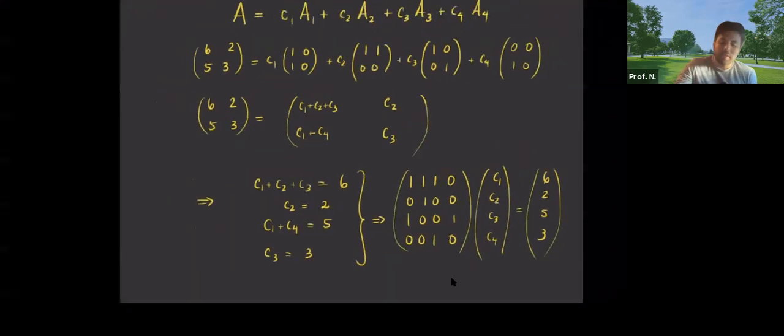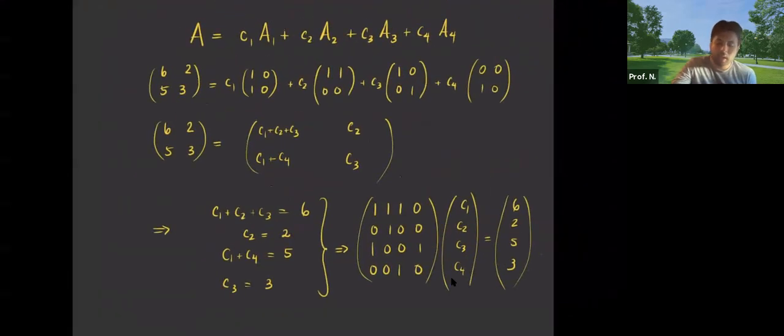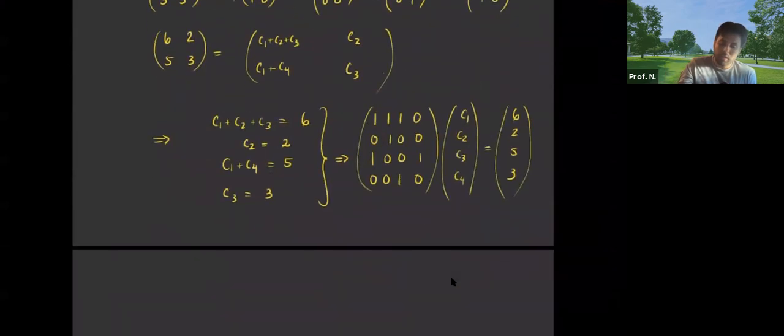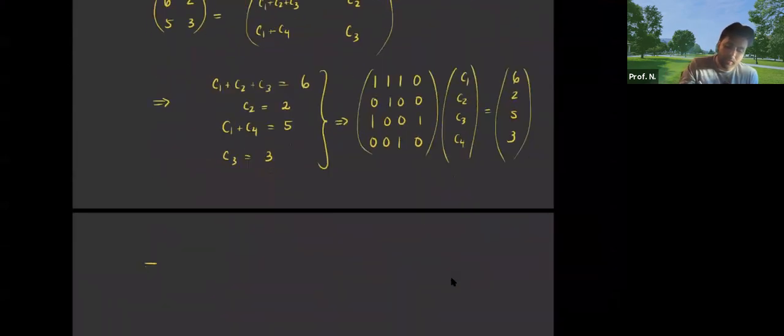So see how we went from a linear combination of matrices to now having just one single matrix equation. Okay. Now I want to solve for it. I want to know what C1, C2, C3, C4 are.